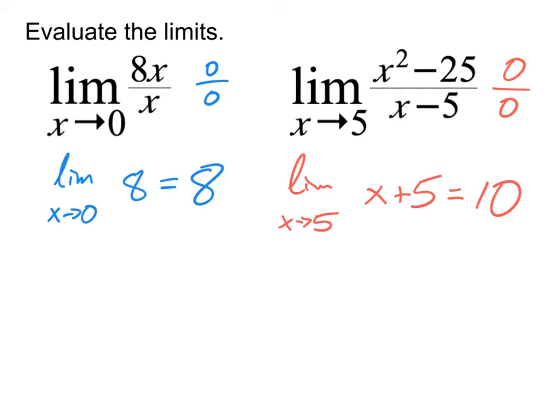Now, notice with these, what I just proved is that 0 over 0 can equal 8, and that 0 over 0 can equal 10. There can be some weird stuff going on here. And it's this weird stuff that we're looking to deal with today.